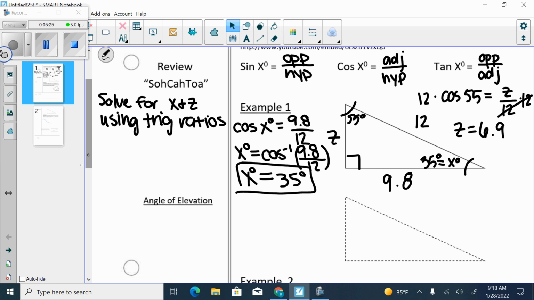Approximately 6.9 if we round up, right? So there is my length for z. Good. Okay, so quick refresher there.